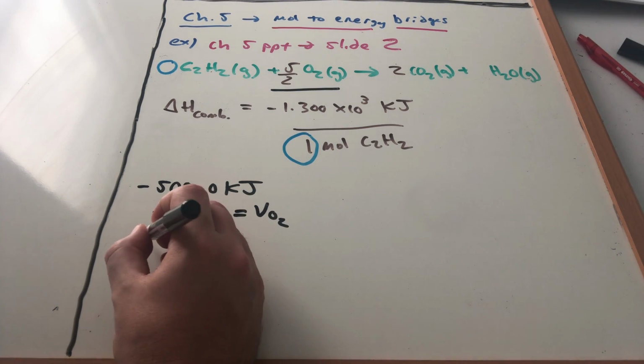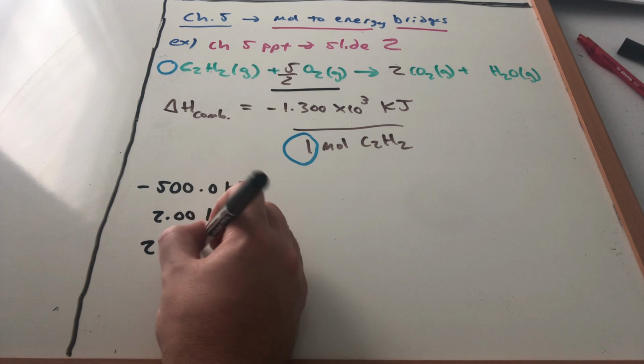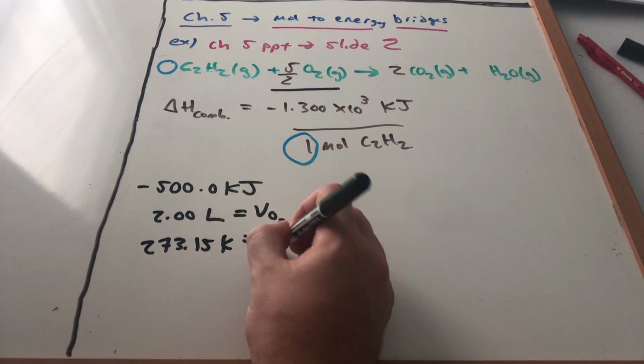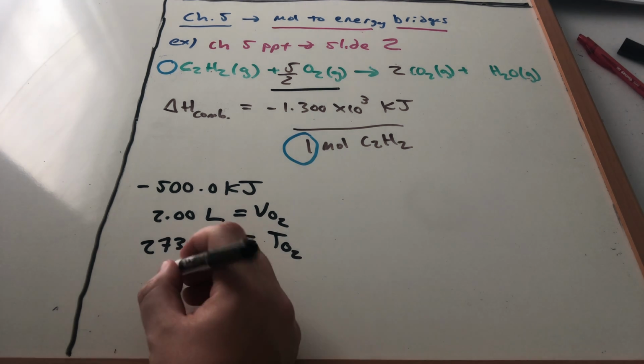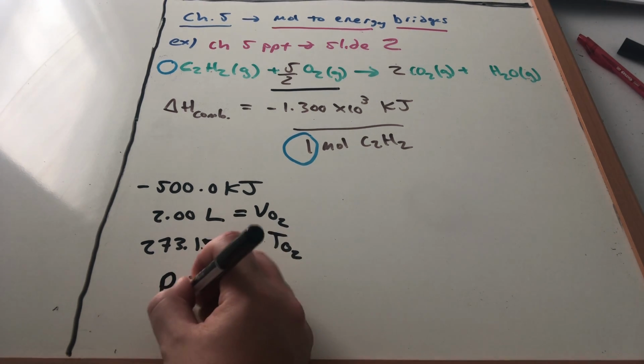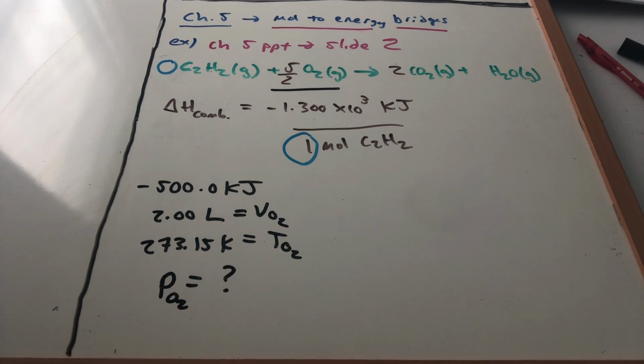We measure a temperature, 273.15 Kelvin, the temperature of the oxygen at the beginning of that combustion process. And then what we're asked is what must have been the pressure of oxygen in that chamber for the combustion.